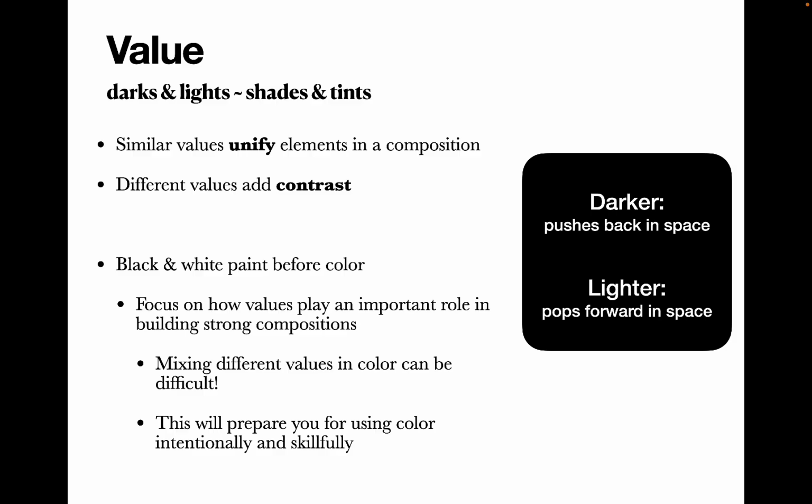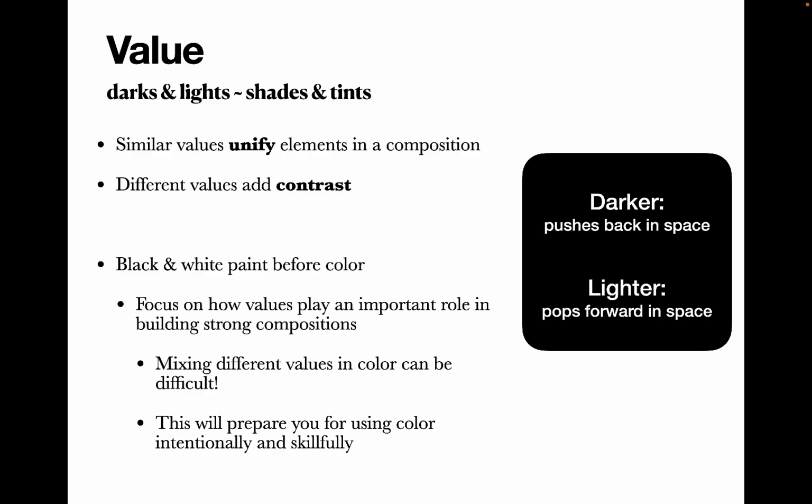So taking out the color part of it and just using black and white is going to give us a better understanding of how value works. And it's one of these foundational things for strong compositions. So it's going to get you ready to use color in a really intentional and skillful way.